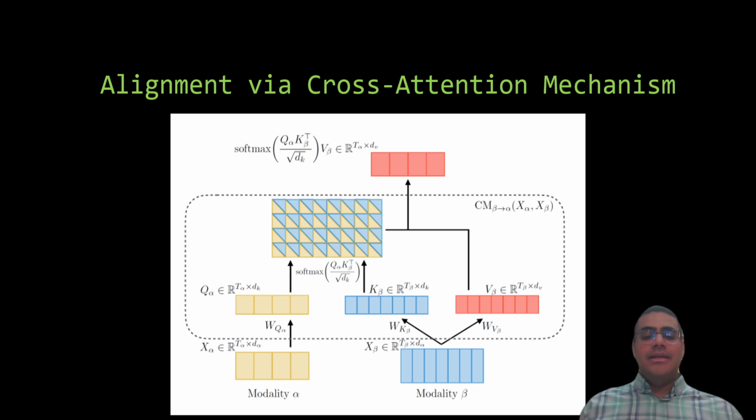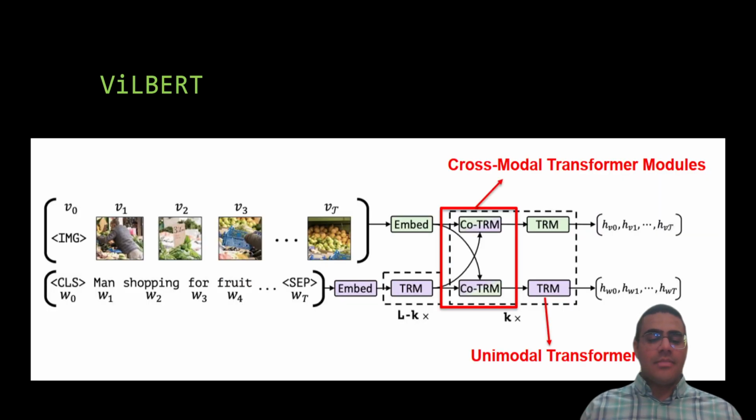In this way, the cross attention mechanism is able to find the relationship, the attention between these two modalities, how modality beta is attending to modality alpha. This is basically what we need in alignment, and we can achieve that with the help of the cross attention mechanism.